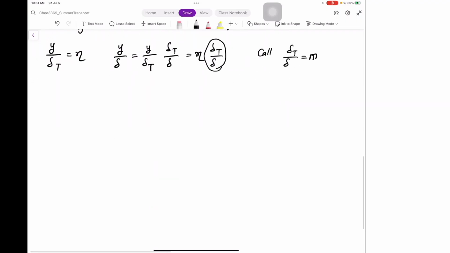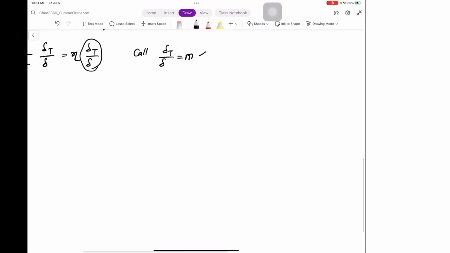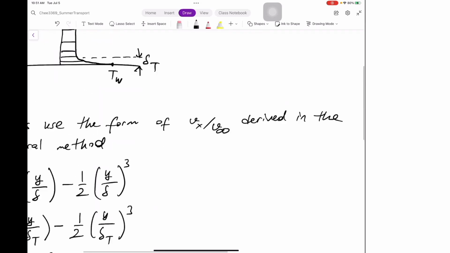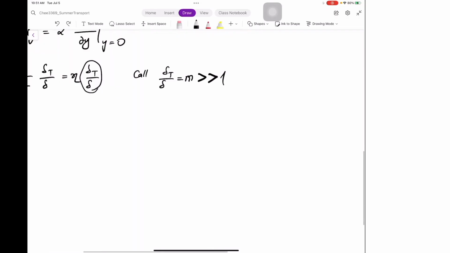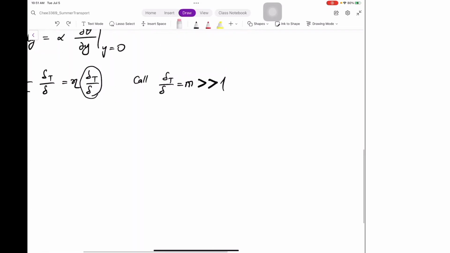Then we get y over delta is equal to m eta. We know that m is much smaller than 1, right? Delta t is much smaller than delta, so that's much less than 1.